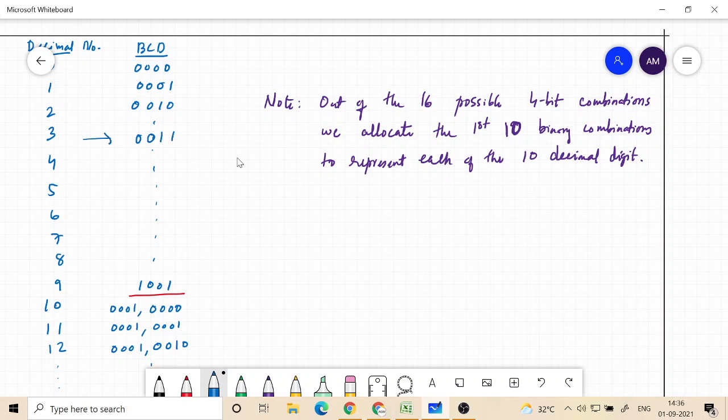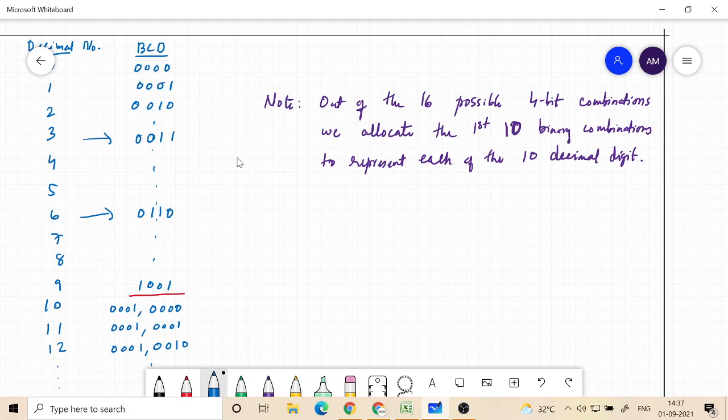So when you do 3 plus 6, first 0011 will go, then 0110 will go. Depending upon which digit you are pressing, whenever you press one digit at a time, a corresponding 4-bit code will go. And you will only press from 0 to 9, only these are the decimal digits possible.